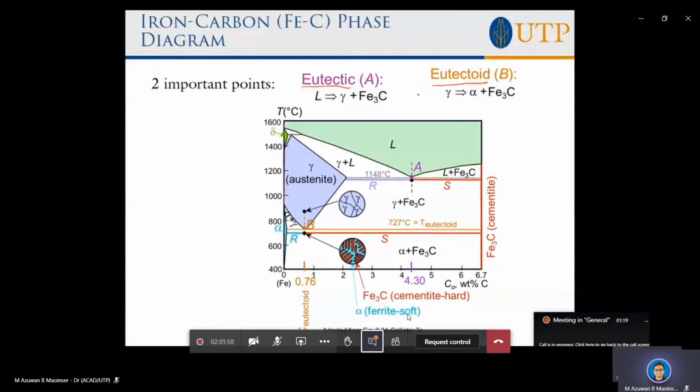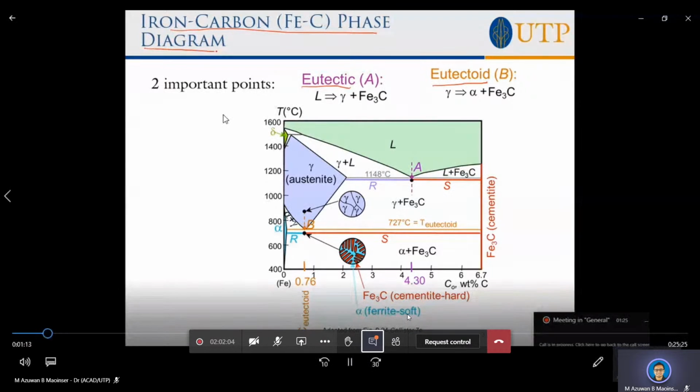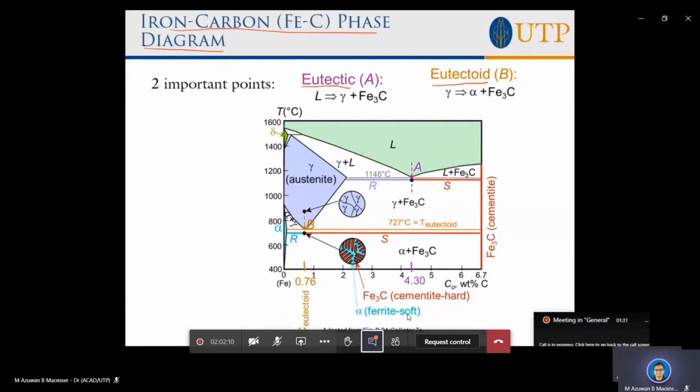So how do they differ? Basically, this is about iron-carbon phase diagram. As I said before, iron-carbon is a very important system because this is actually steel. Iron-carbon is about steel, and you know that we use steel a lot in our daily life, in industry, in all applications, it's all using steel.